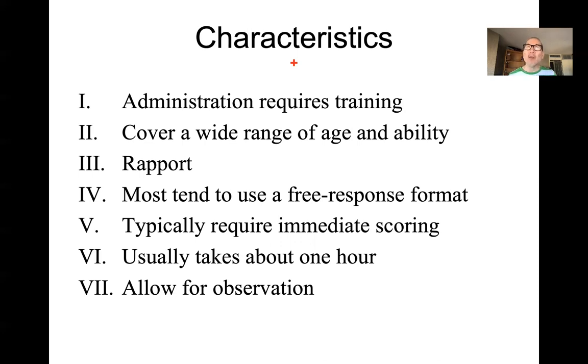Another big important piece of doing really good IQ testing is establishing rapport, making sure that the person is relatively relaxed at the task. And I say relatively because taking an IQ test is anxiety provoking, right? The whole notion of your intellectual mental muscle ability being scored is going to be anxiety provoking for the vast majority of people.